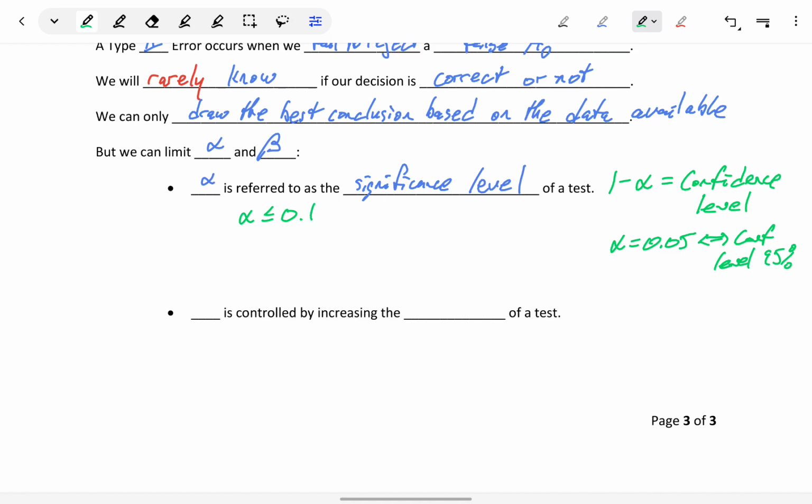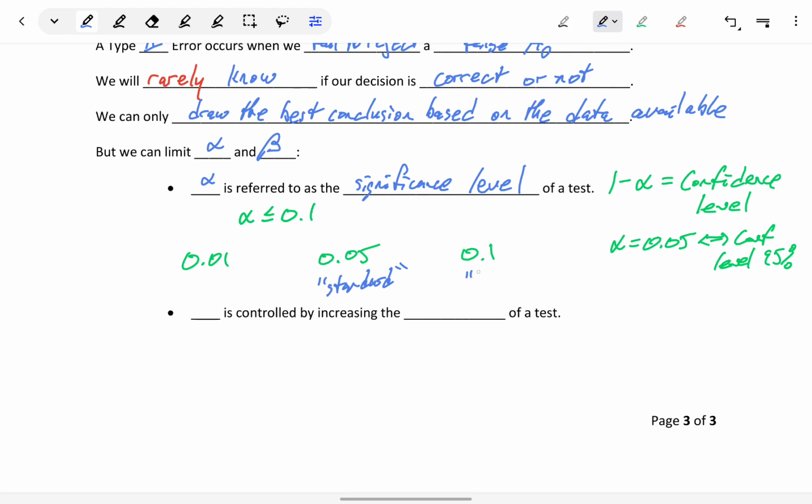We just don't want it to get very big because that's increasing our probability of a type 1 error. And common values are 0.01, 0.05, and 0.1. 0.05 is sort of the standard value that we would choose for alpha for a hypothesis test.